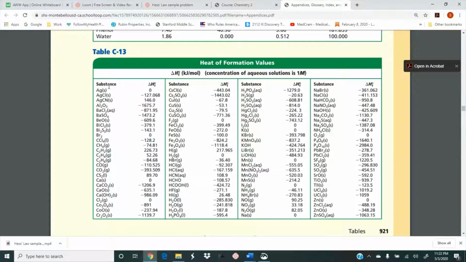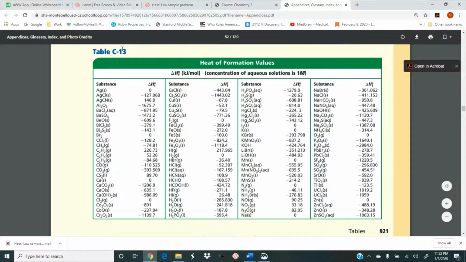If you look these up, there are really about 4 columns' worth of substances here, and each of the columns has columns within itself. So there's the substance here and the heat of formation next to it. You can use these heats of formation to calculate the delta H of your chemical reaction with a simple equation.